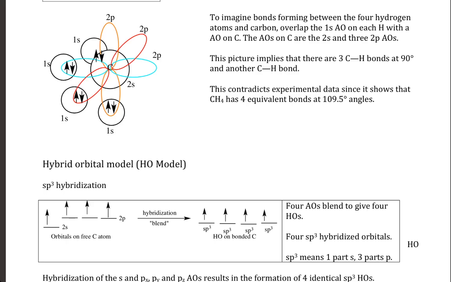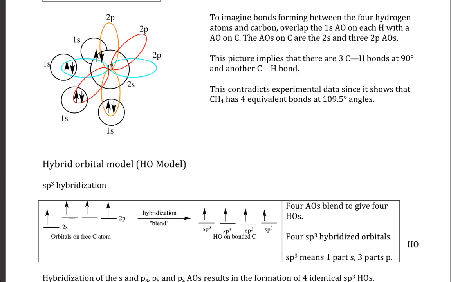So there's our picture, and this picture implies that there are 3 CH bonds that would be 90 degrees to each other. And we have then that 4th CH bond, which is composed of the 1s overlapping with the 2s atomic orbital. That would imply we have bond angles of like 90 degrees and something else.